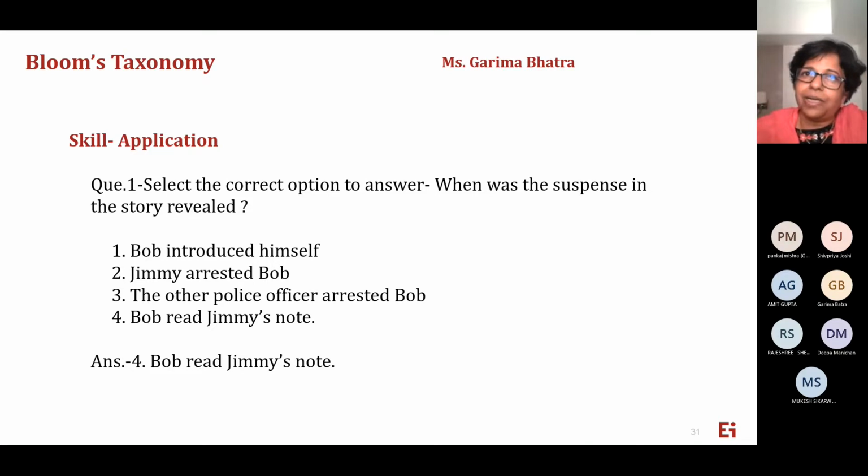Even if I might be confused on whether it is application, for somebody to come directly to the correct answer, they should have understood the story. Unless a child has interpreted the story, we cannot call it plainly a mechanical level, no?